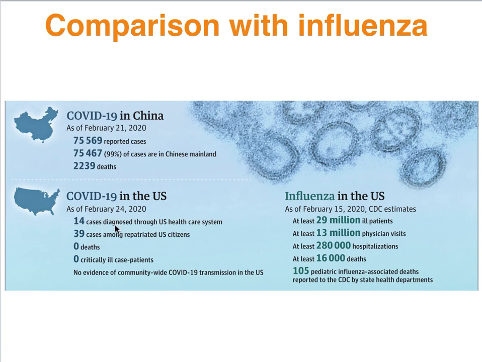As of February 24th, there were only 14 diagnosed cases in the US, with 0 people dying. But in China, around February 21st, there were already almost 80,000 reported cases with more than 2,000 deaths.